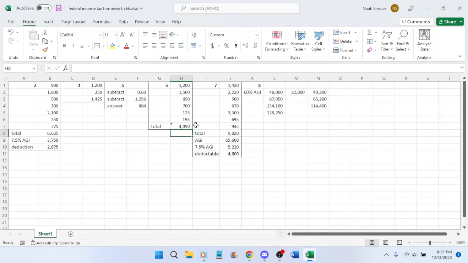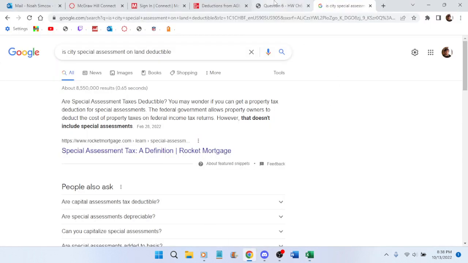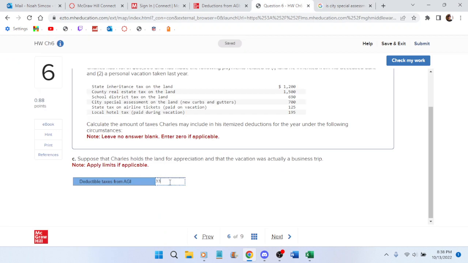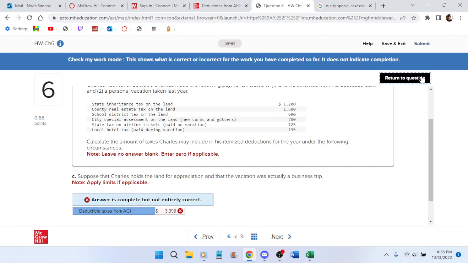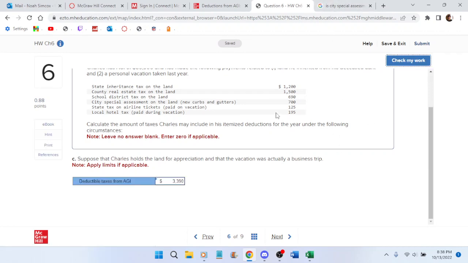Yeah, but I already tried that. I already tried equals the sum of these three. 3390. And I already tried everything except for the special assessment. Well, according to Google, the 700 maybe is not deductible.